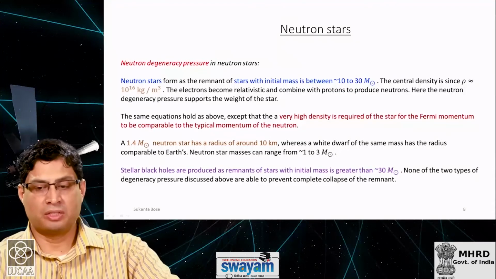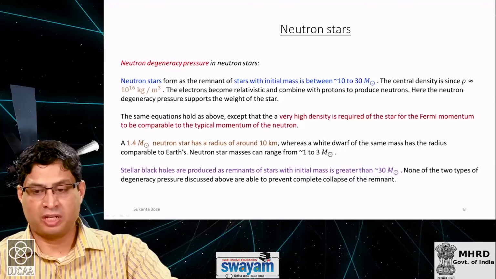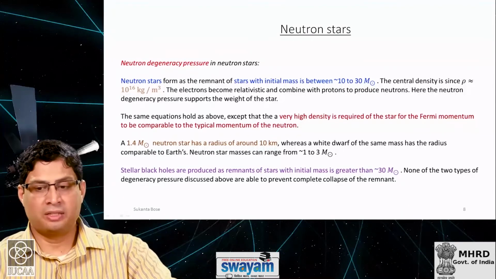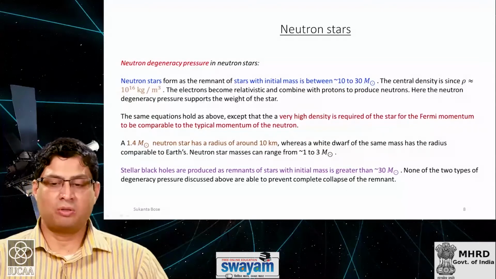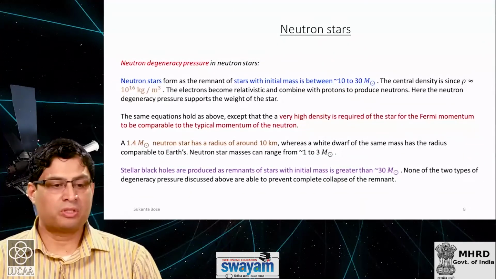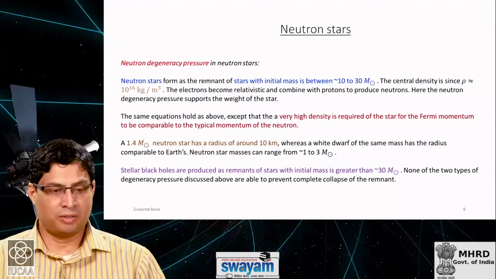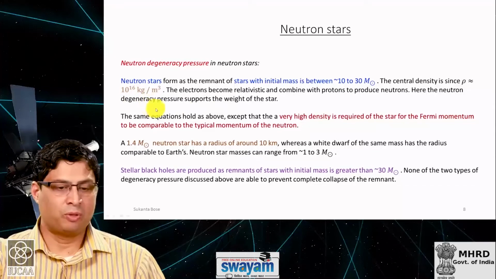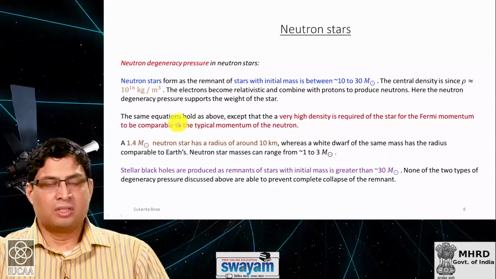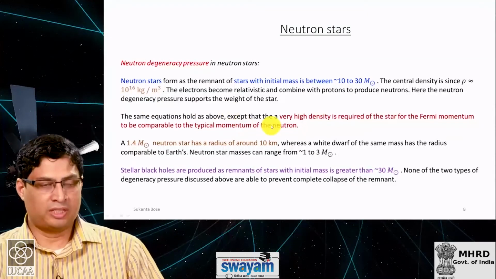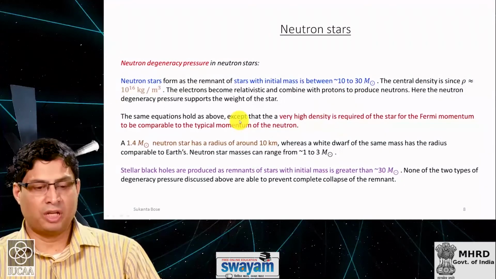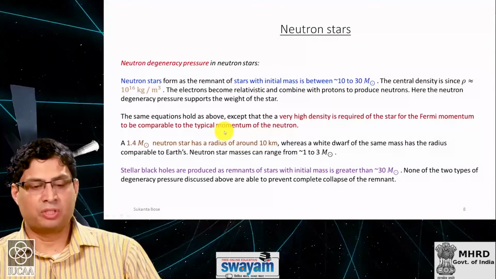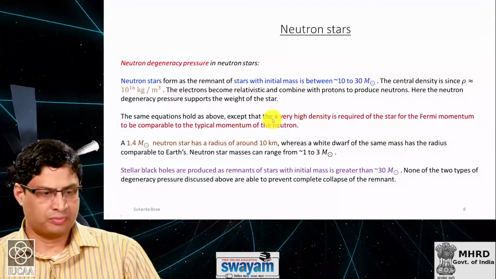This is an electron capture process, and it creates more neutrons in the core, converting from protons, and allows for the origin of the neutron degeneracy pressure to support the weight of the star. The same equations that I showed earlier will hold, except that of course Newtonian gravity will not be correct to apply. The gravity here is very strong. So you will have to use the TOV equations as I described before.